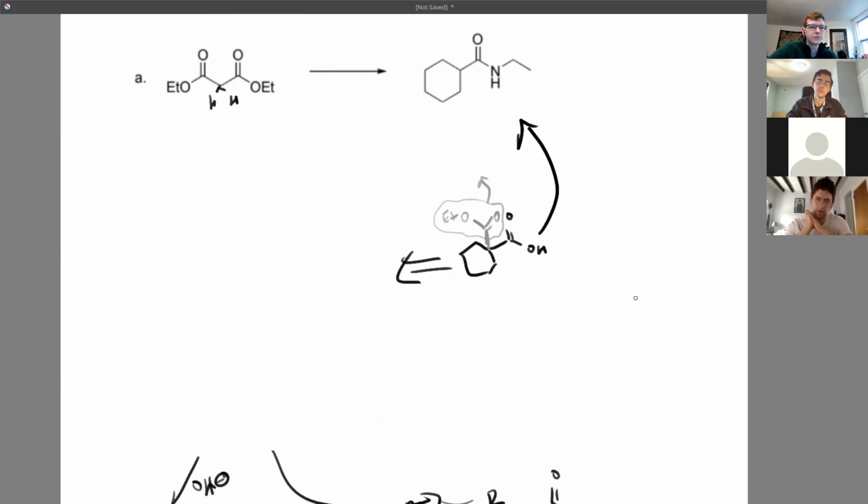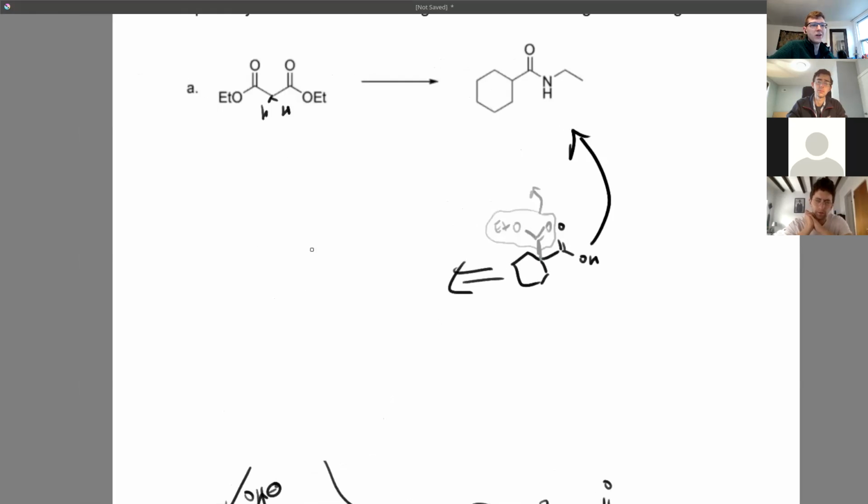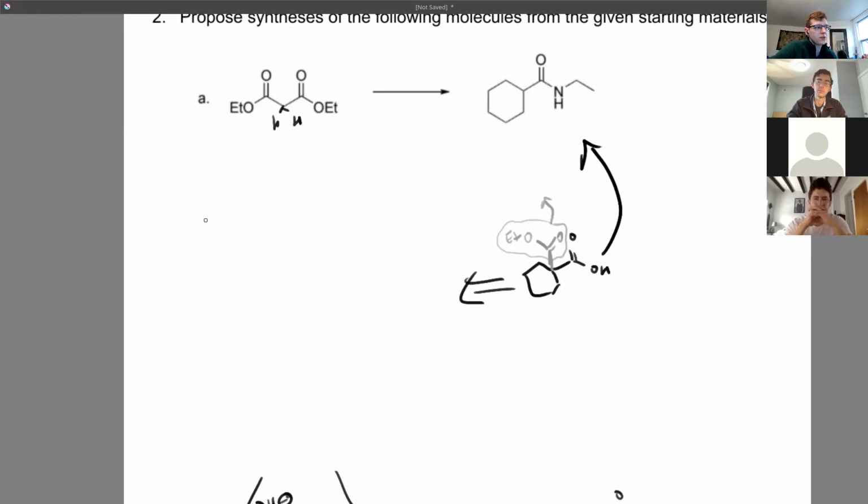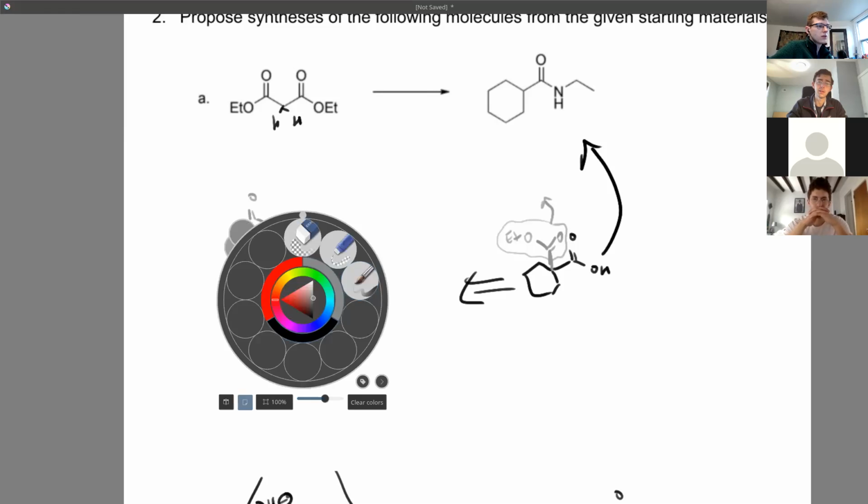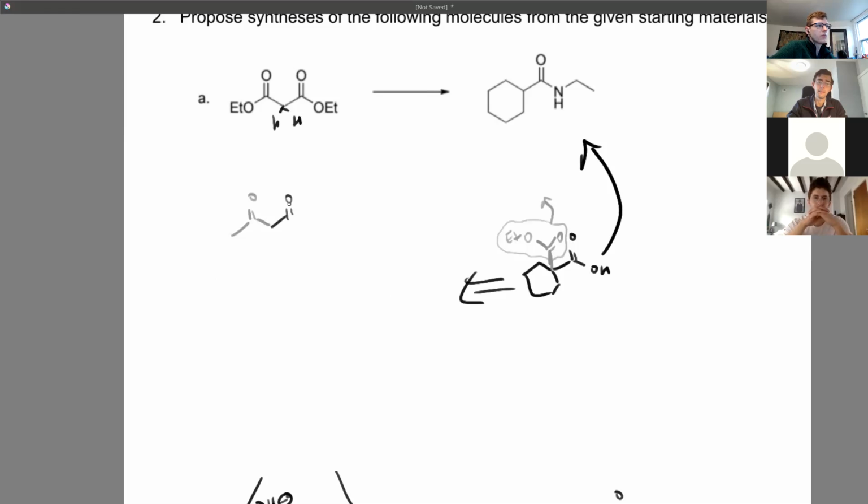And sorry, where was that coming from? Like from this original malonic ester synthesis. When you do this malonic ester synthesis, the way it works is that... Are we going to end up doing an annulation type thing? Oh, it's the other half of the malonic ester. Okay, yeah.